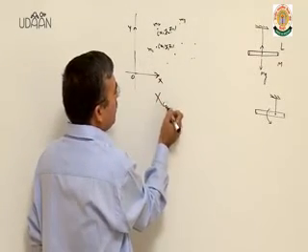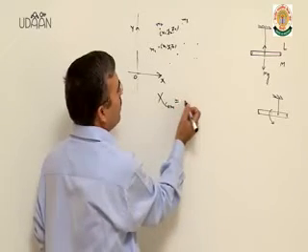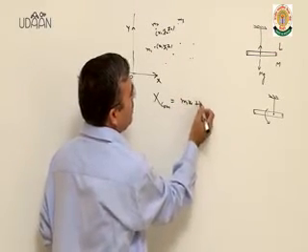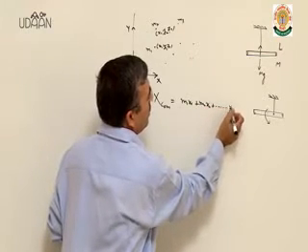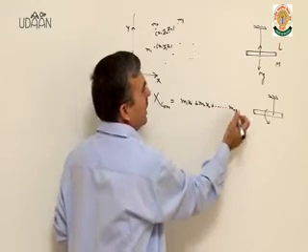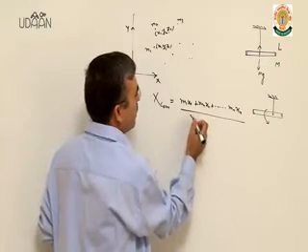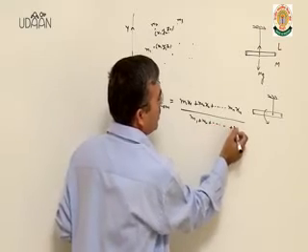So the x coordinate of the COM is given by the relation m1x1 plus m2x2 plus and so on, mnxn, divided by the total mass of the system.